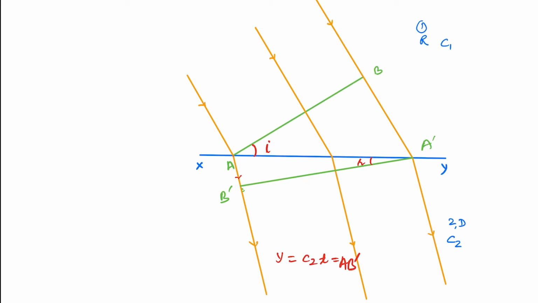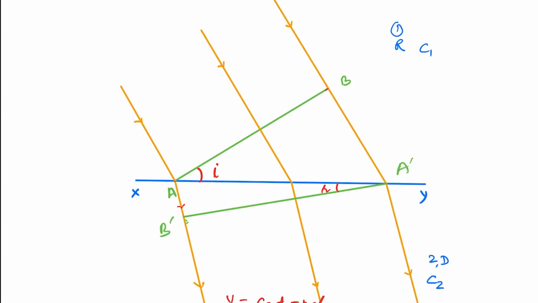This is the distance traveled by the wavelet from A in medium 2. But the secondary wavelet from point B travels in medium 1. So the distance traveled in time t from B to A dash is x, and that will be equal to C1 t, and this is equal to A dash B.